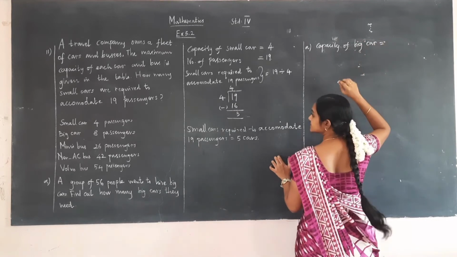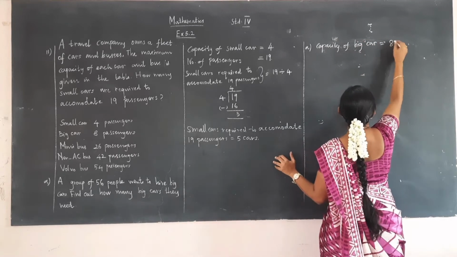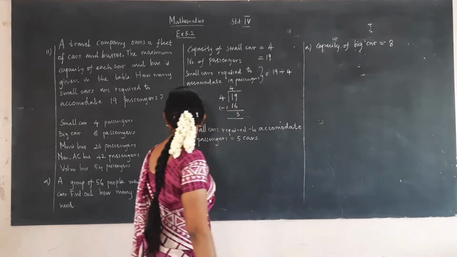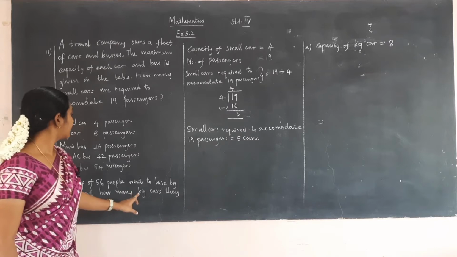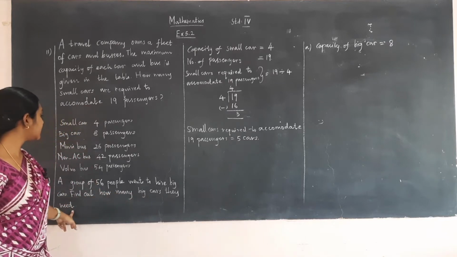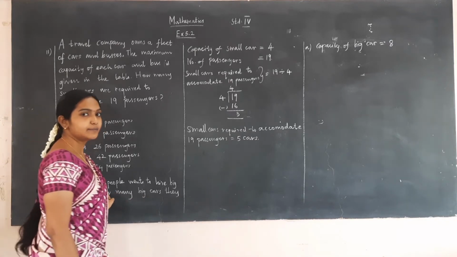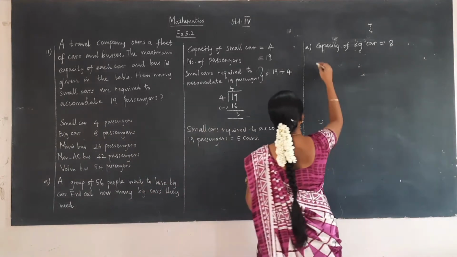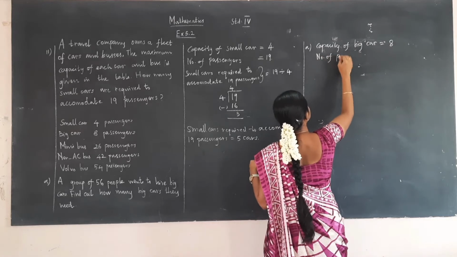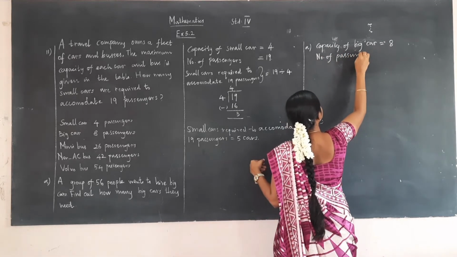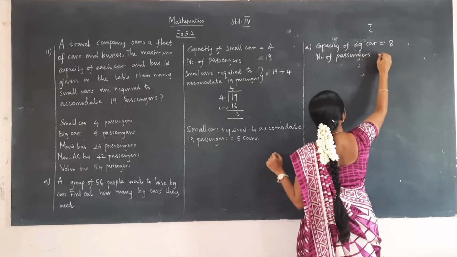Capacity of big car is 8 passengers. Big cars required to accommodate 56 people. First let us write number of passengers. Number of passengers is 56.